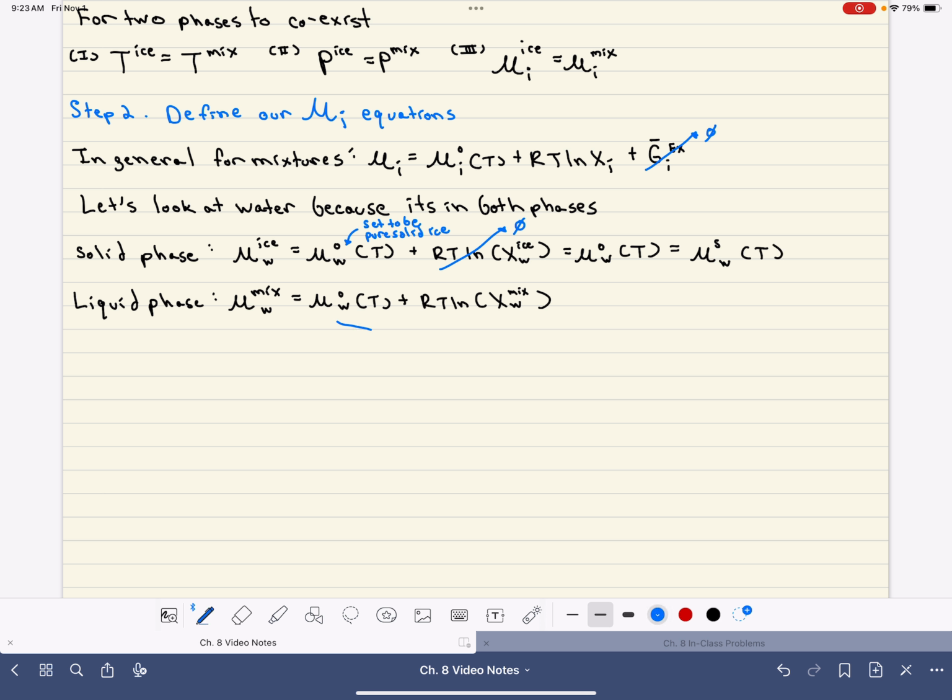And so here, because we're dealing with the liquid phase, we're going to set this to be, or to represent, pure liquid water, such that we could write our chemical potential equation like this.